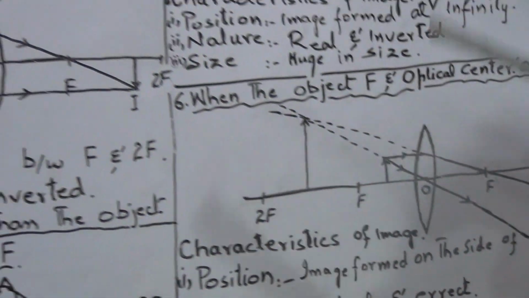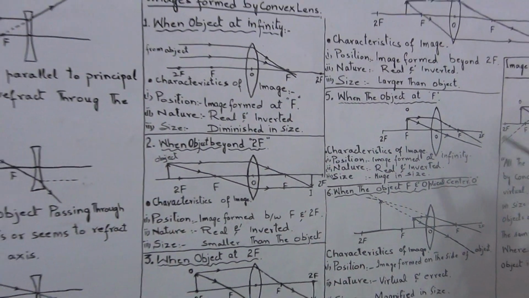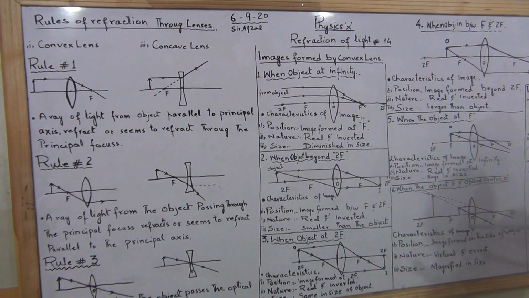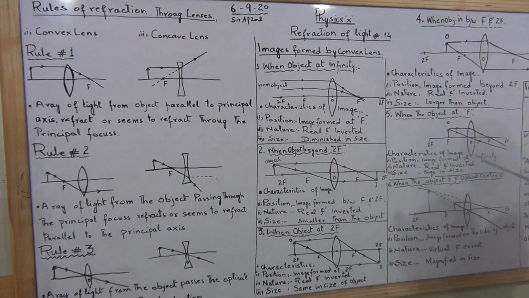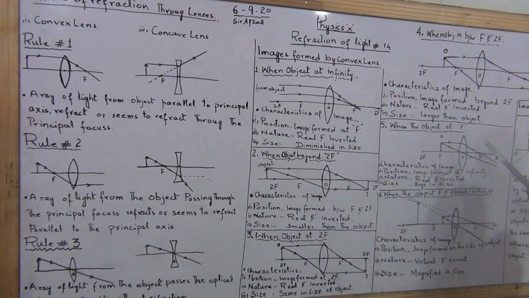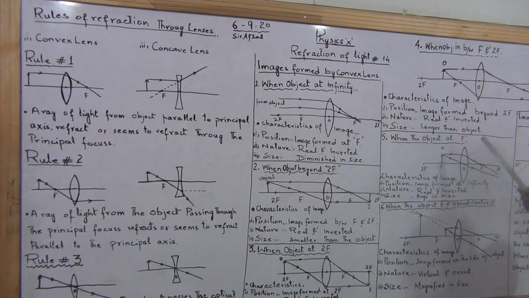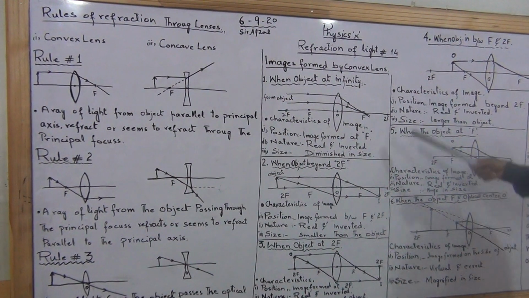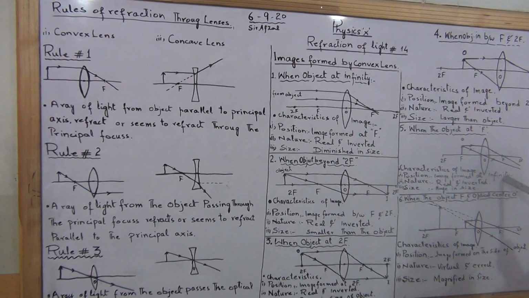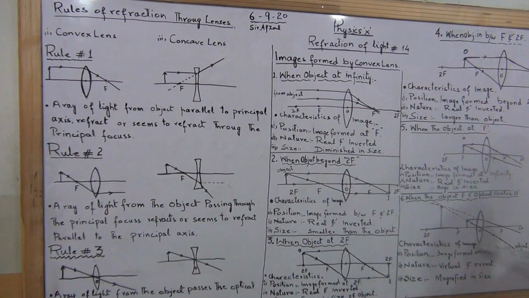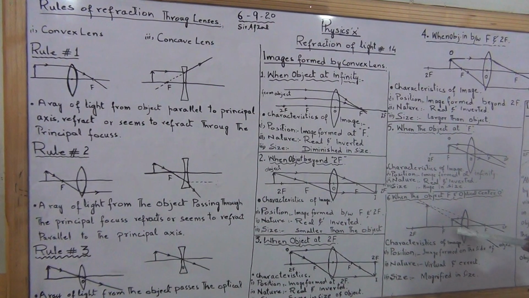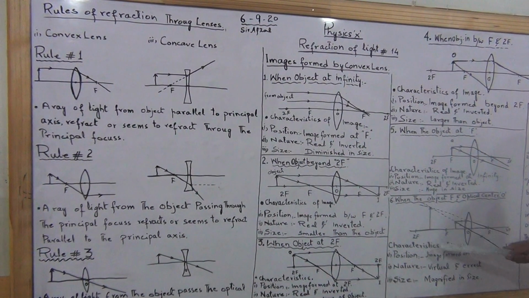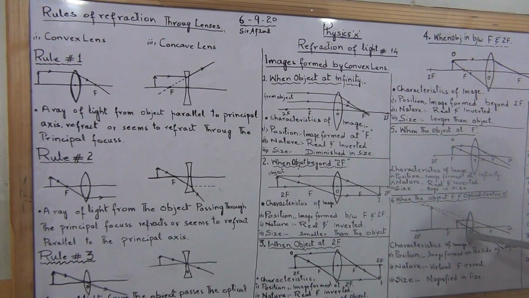So these are the 6 cases of the convex lens. You have read in the difference of lenses that a convex lens normally makes real images, but in this special case, when the object is between f and the optical center, it makes a virtual image. It is only one case.